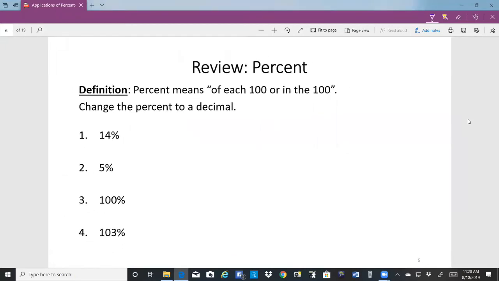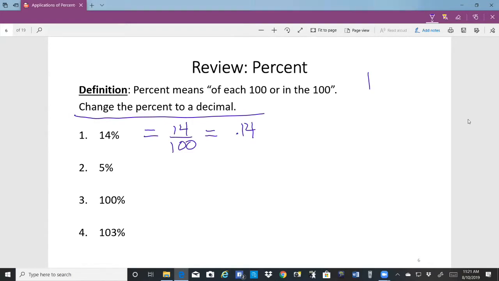Getting back to the definition, percent means of each 100 or in the 100. Let's change the percent to a decimal. 14% would equal 14 over 100. And if you wanted to express that as a decimal, you would just divide that and get 0.14.